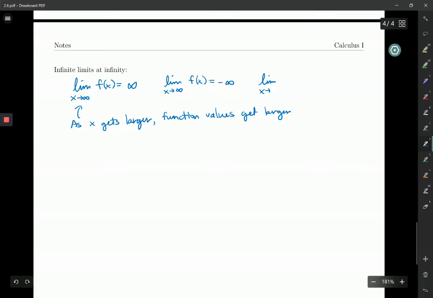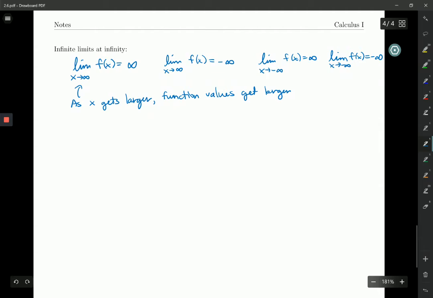So we could also get the limit as x goes to minus infinity equals infinity, and the limit as x goes to minus infinity equals minus infinity. Okay, and we're going to look at some examples of this.